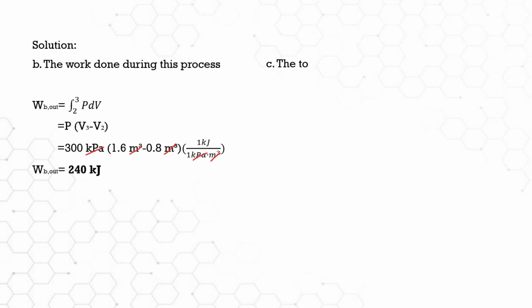Next, the heat transfer can be determined from our first law balance. It is expressed as heat input equals mass multiplied by the difference between internal energy at state 3 and state 1, added to work output. Plug in the values.